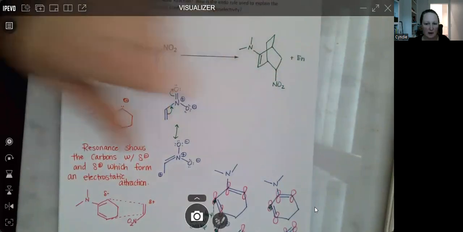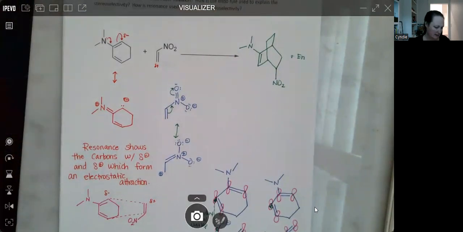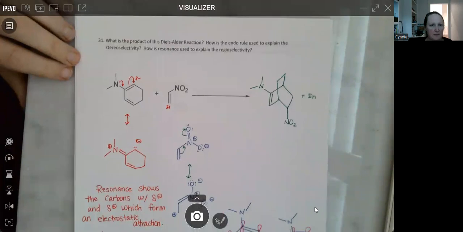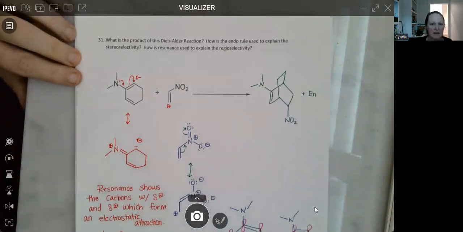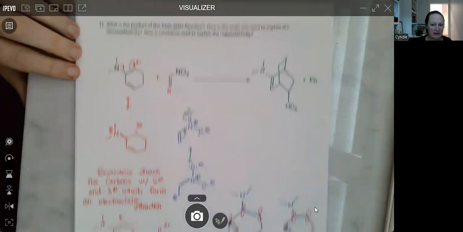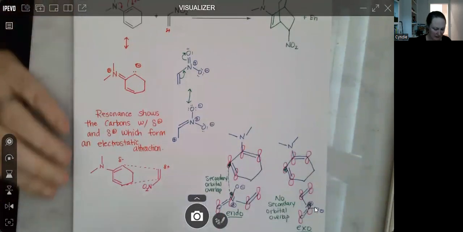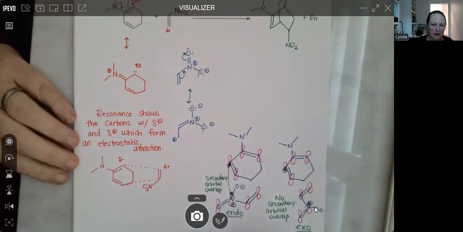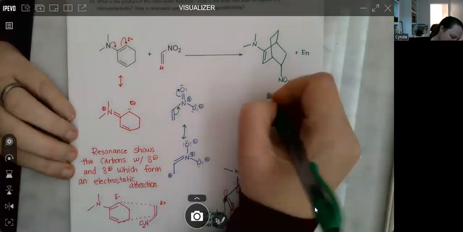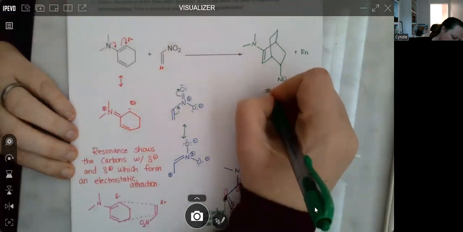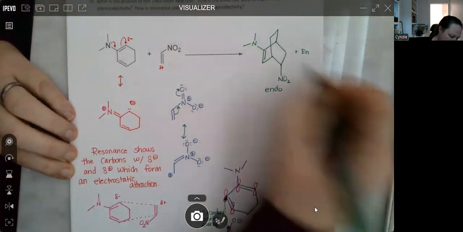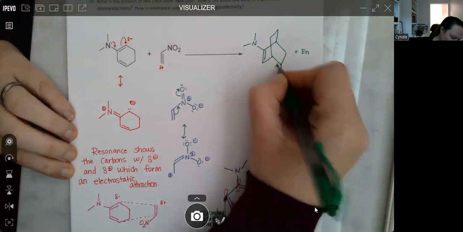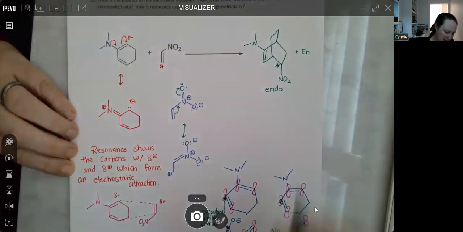So this stereochemistry here. So let's see if we answered the question. What is the product? We drew the product. How is the endo rule used to explain the stereoselectivity? Right, so this endo, which allows for secondary orbital overlap, predicts the stereochemistry at that particular carbon.